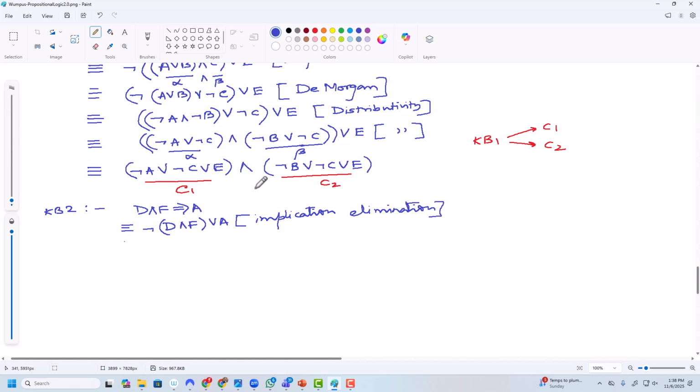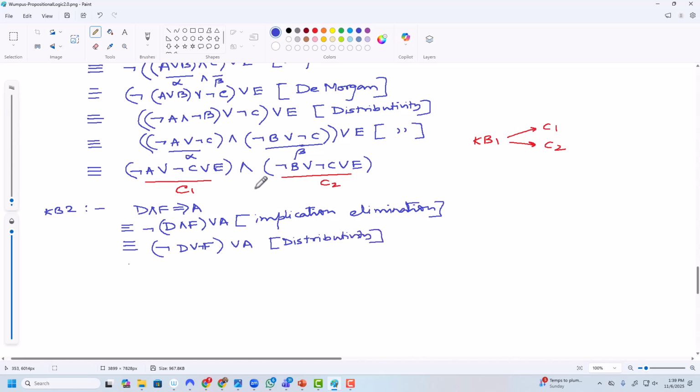Okay, so I'll follow here De Morgan. So that will be not D or not F, or A. Now we apply distributivity of or.